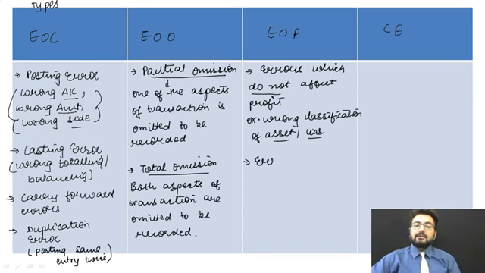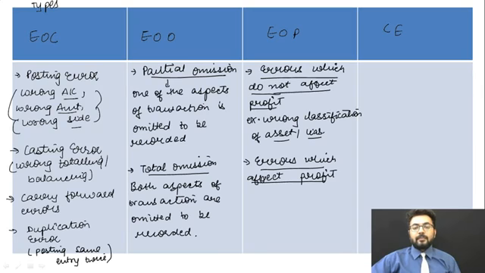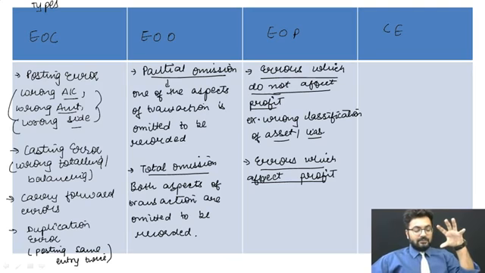The next is errors which affect profit. So there are a few errors which are going to affect the profit as well. For example, there was a rent which has been paid.